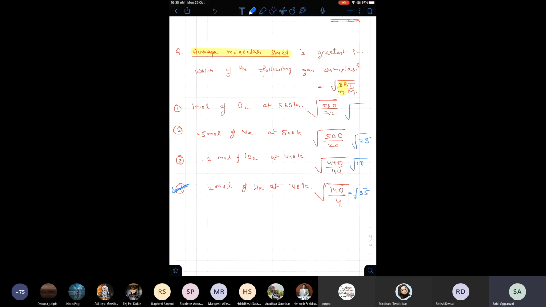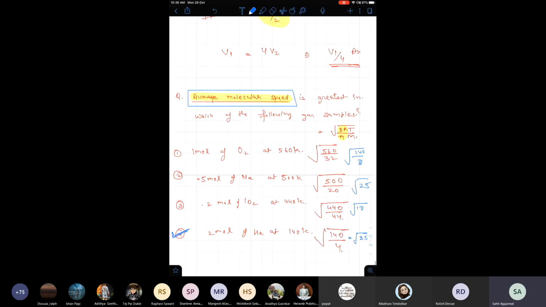Can you explain it again? I said average molecular speed I gave you in the last class, root 8RT by pi m, right? Average speed का जो आपको फॉर्मूला बताया था, remember that, सानिया?